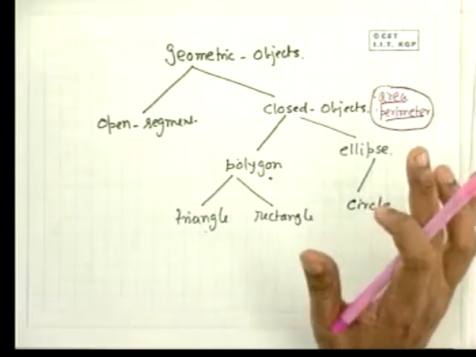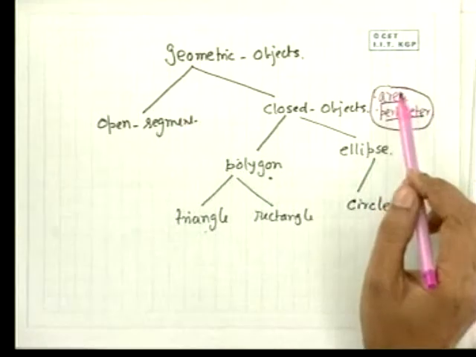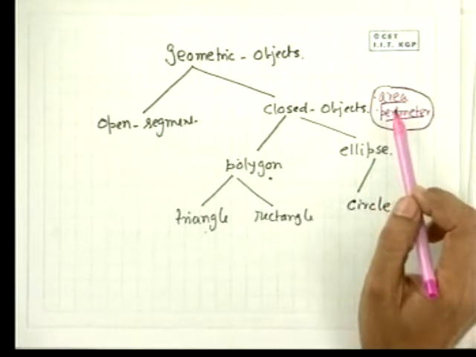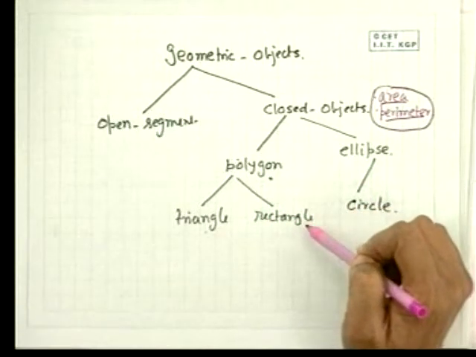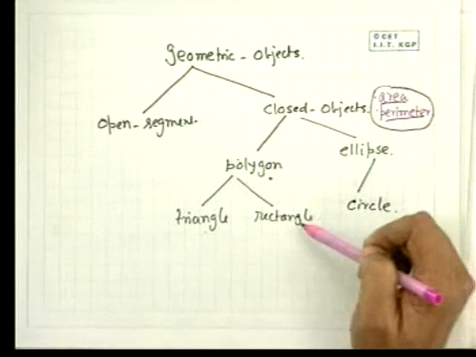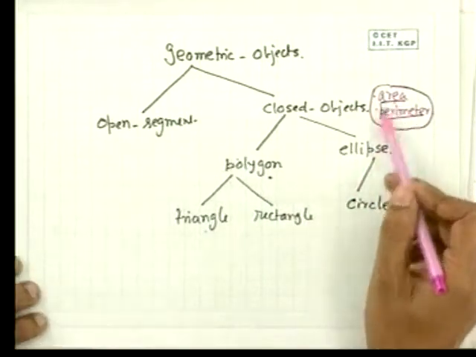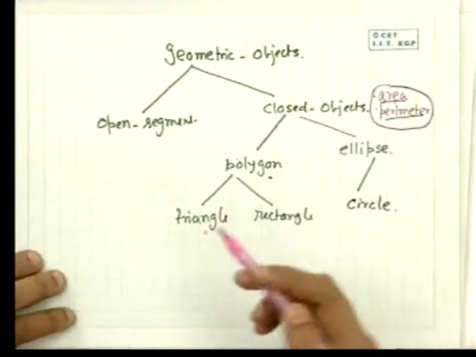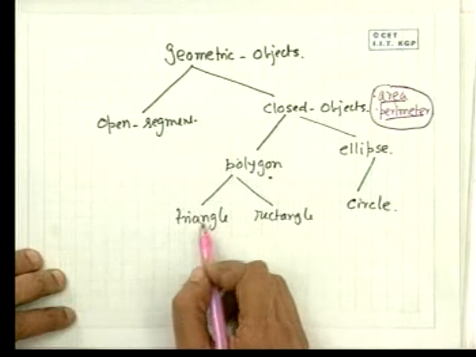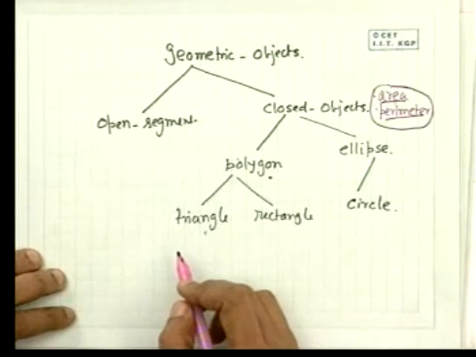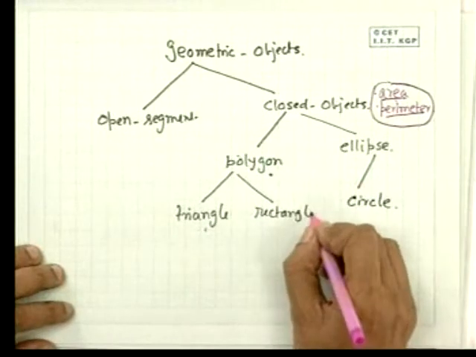Now, the code we use for finding the area of a triangle will differ from the way the area is computed for a rectangle. So when the area function is used in this case for a triangle, the formula is quite well known, or similarly in the case of a rectangle.